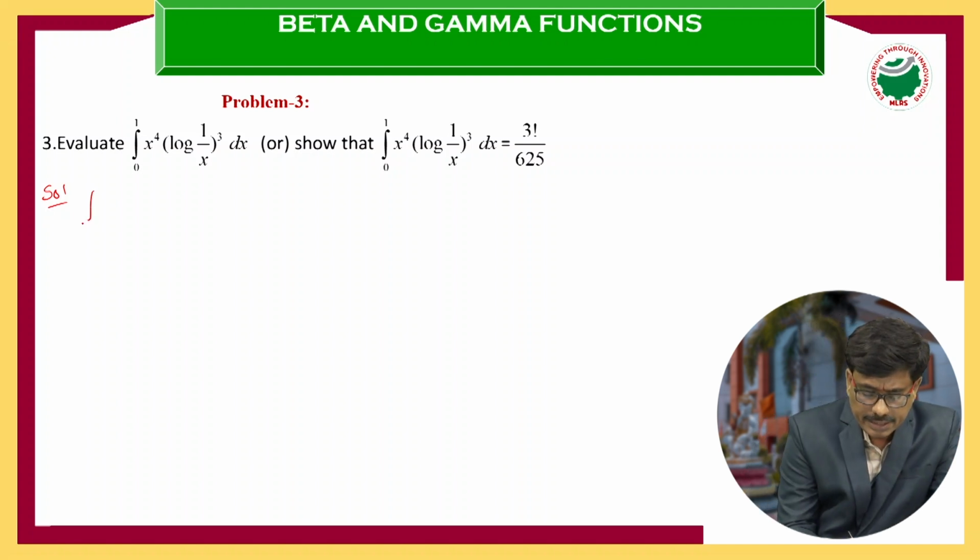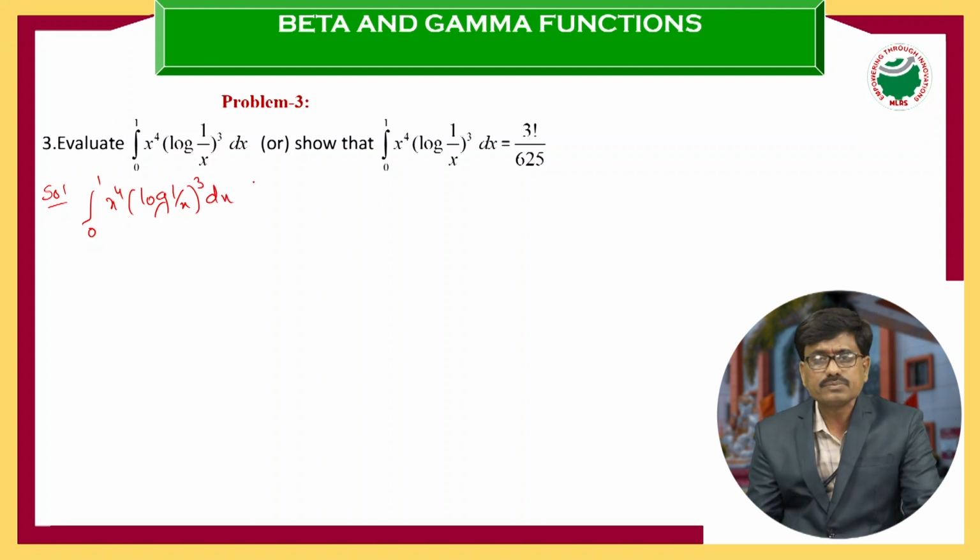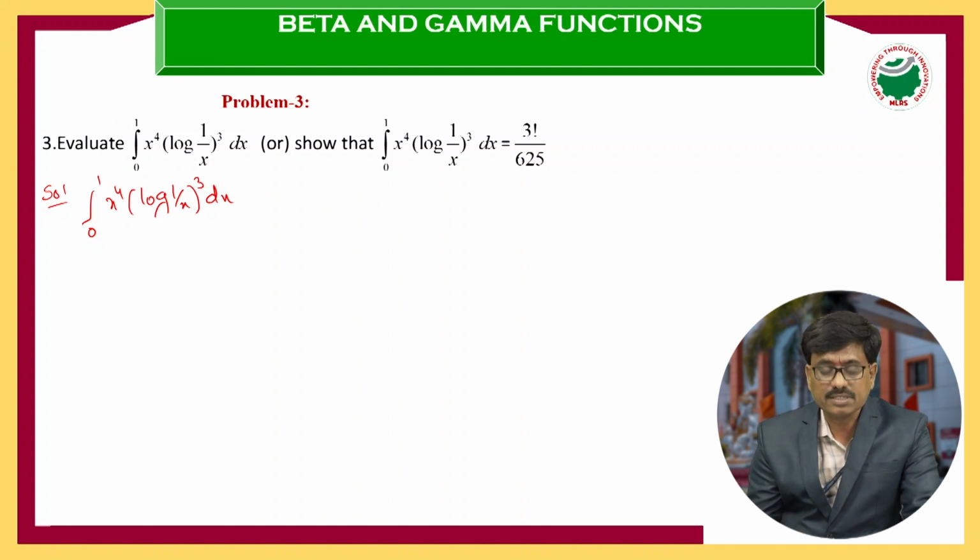Let us take this integral, integral 0 to 1 x power 4 log of 1 by x whole cube into dx. Here we must understand the definition of the gamma function. Whenever we are transforming one function to another, we must be clear whether the function is a gamma function, or a logarithm, or a beta function.